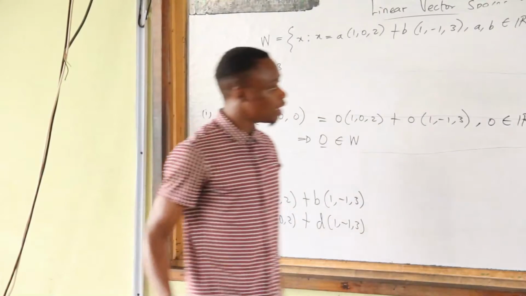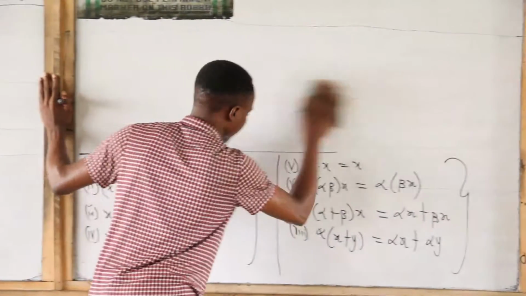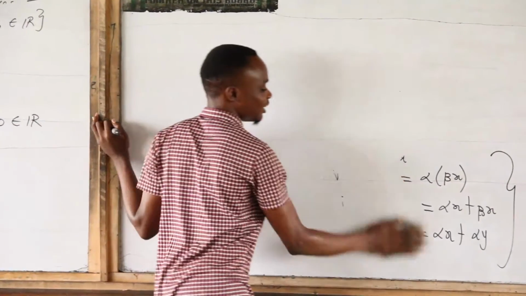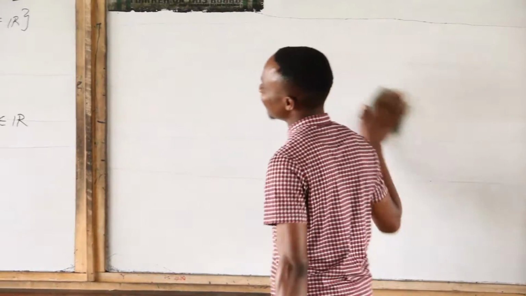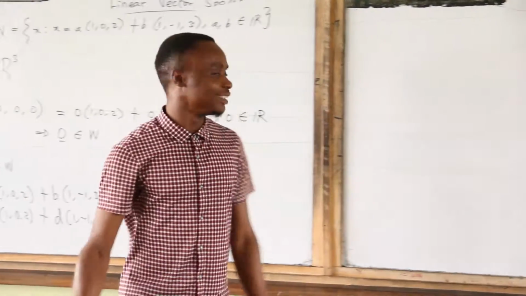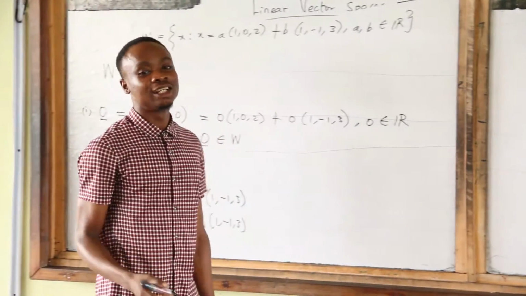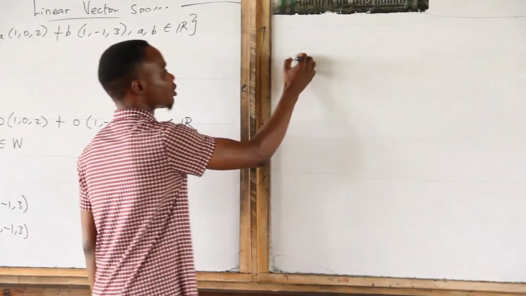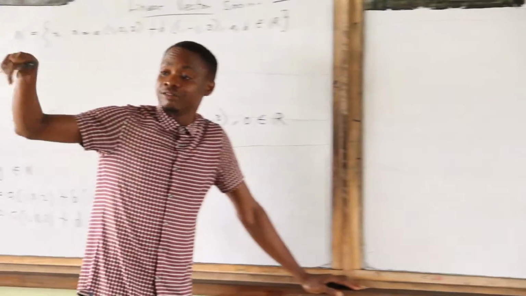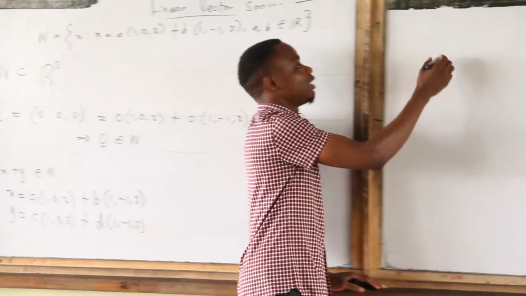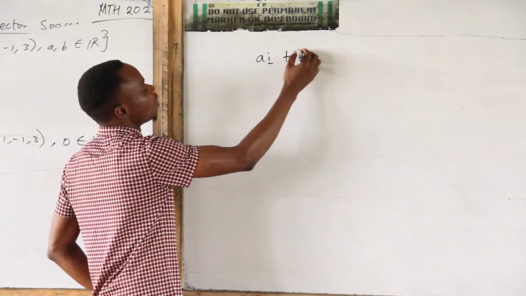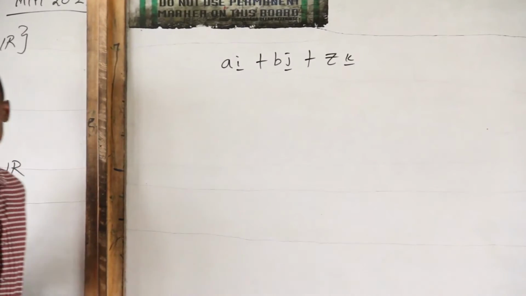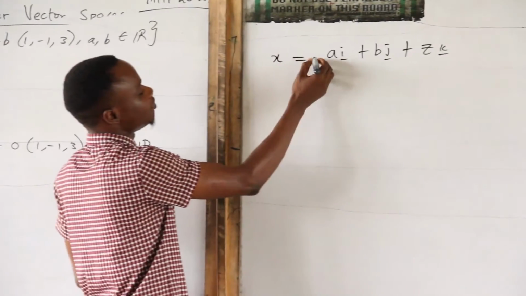This just looks abstract, so look at it. If I want to write normal 3D vectors, how would I represent them? I can say I have ai plus bj plus ck. Any vector that I have here will be represented this way.